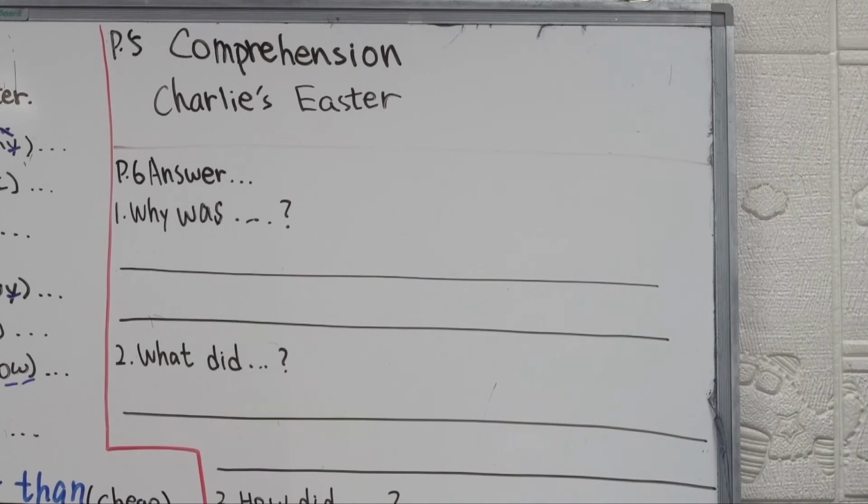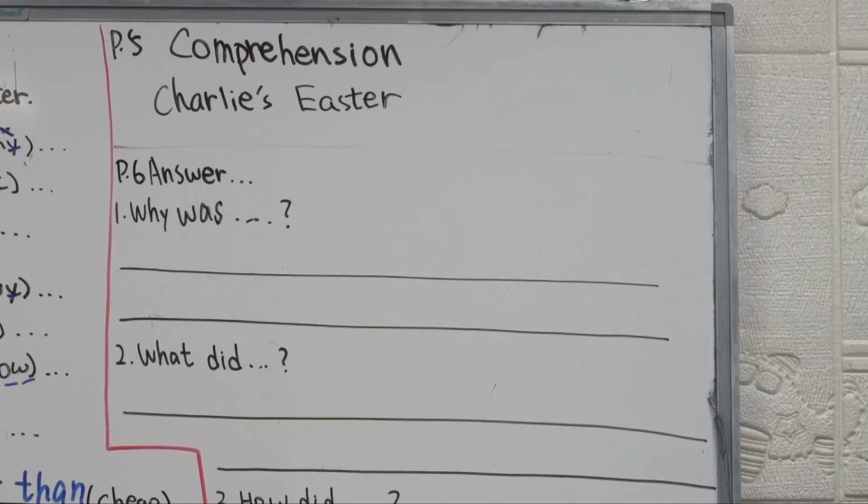Okay. So everybody, we are done with reading comprehension, Charlie's Easter, right? Now let's have a look at page 6. Page 6, answer the questions in complete sentences. So, question number 1 is, why was Easter Charlie's favorite holiday?